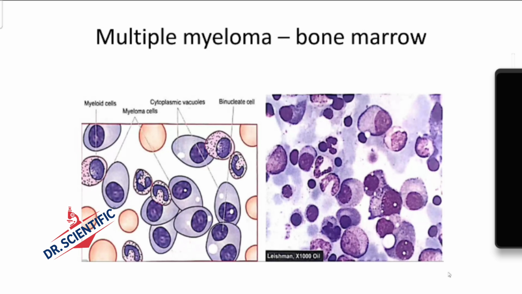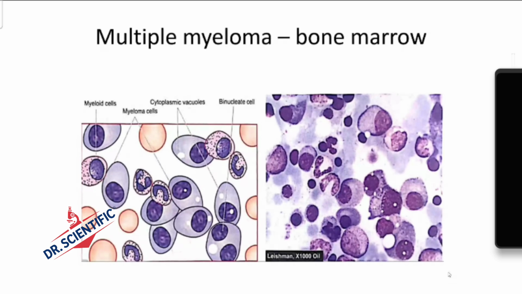As we said last time, the main places in an adult where you will find red bone marrow are the flat bones like the sternum, the skull, the pelvic bone, and even the ribs. If you are to do a bone marrow aspiration, most of the time because of accessibility, you tend to use the sternum.